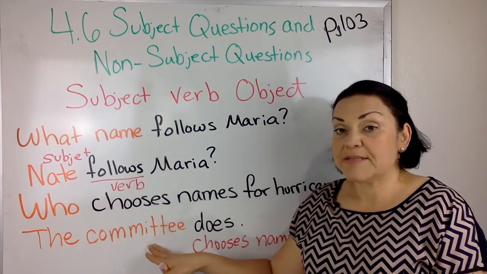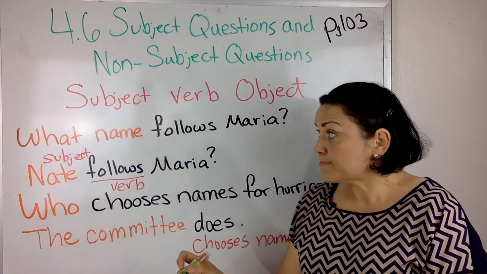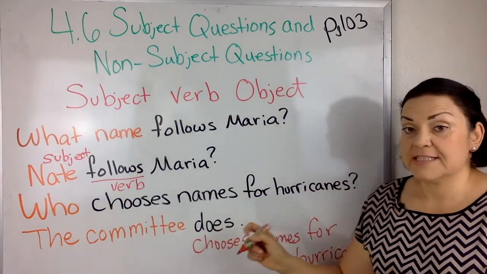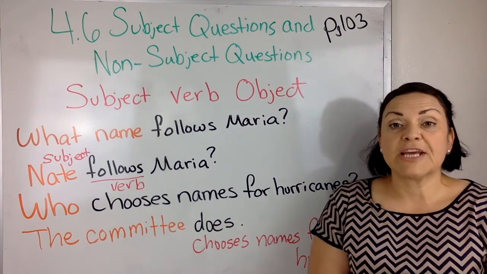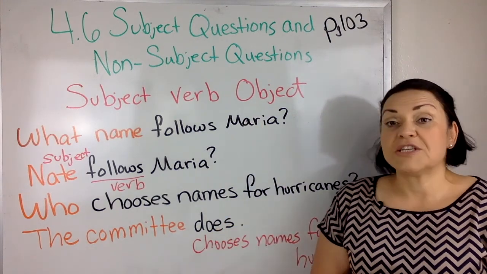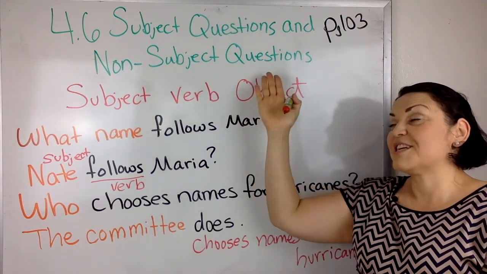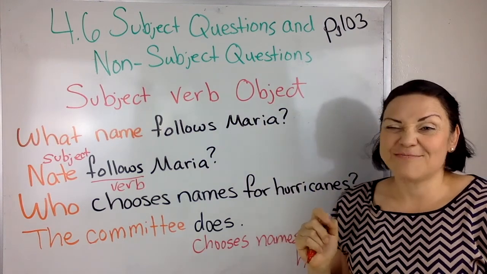That would be the same as the subject. Subject, subject. Oh, I forgot my C there. The committee does. So now we're going to look at how these similar questions can be used to ask for a non-subject question, which is the object.